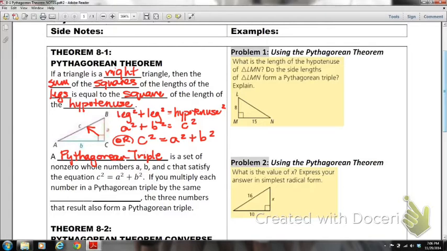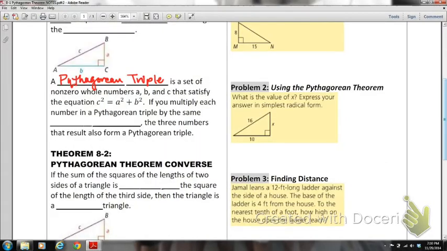So if you multiply each number in the Pythagorean triple by the same whole number, then the three numbers will also form a Pythagorean triple.